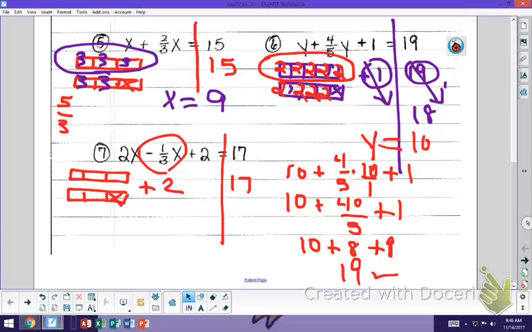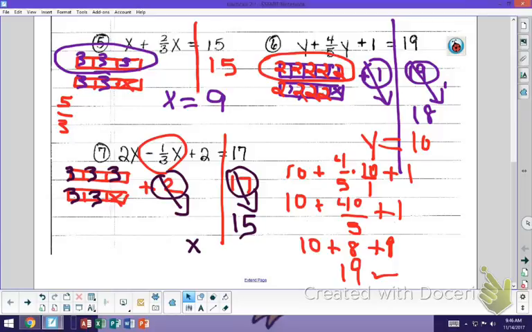So I'm going to remove the 2 from both sides, and I'm left with 15 over here, and I have 1, 2, 3, 4, 5 pieces have to equal 15. 15 divided by 5 is 3. So each of these would equal 3. So my x would equal 1 bar, 1 rectangle, which is 9.